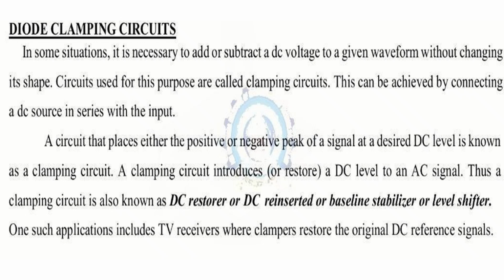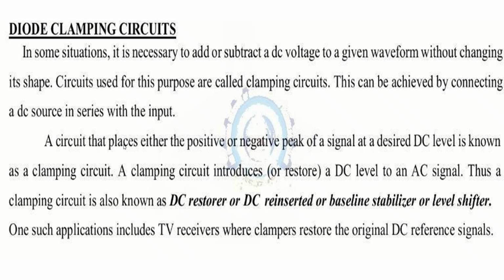When we apply 20 volt peak to peak at the input side, after clamping the output voltage will remain at 20 volt itself. The circuit used for this purpose is called a clamping circuit. The main component used is the diode, and for the DC shift or DC level restoration, a capacitor is incorporated in the circuit.